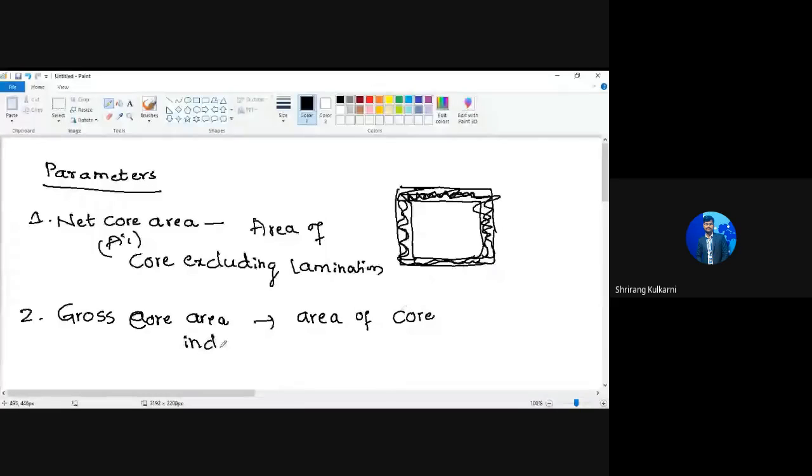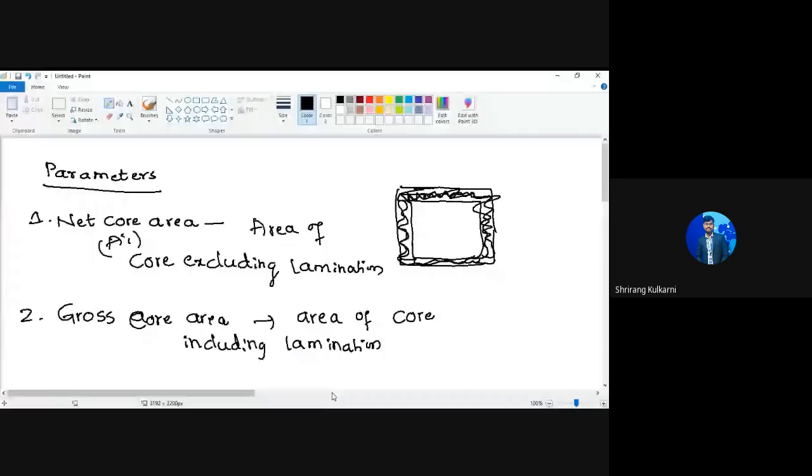Complete area, the iron along with the lamination. It is the area of core including lamination. It is the gross core area.